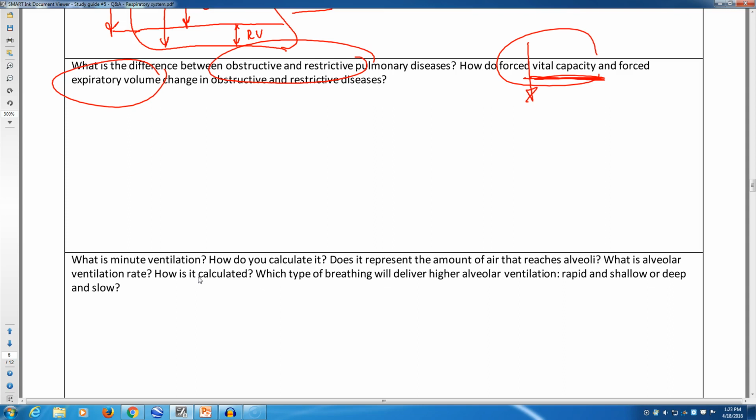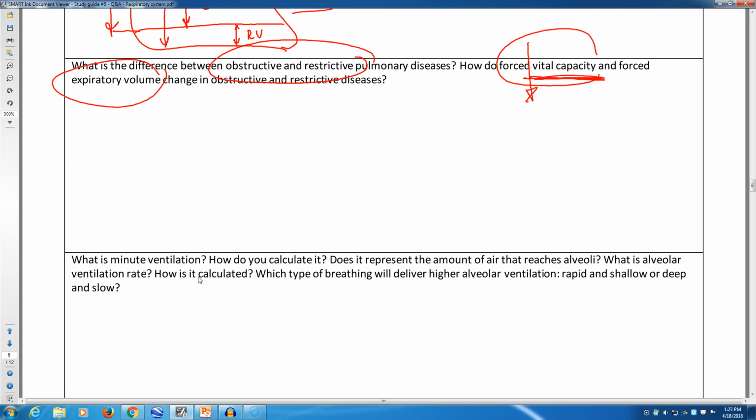Alveolar, non-functional alveoli. So say anatomical dead space, is it going to change throughout your adult life? Most probably not. Alveolar dead space, it may change if you get pneumonia. You have dysfunctional alveoli. Make sense?